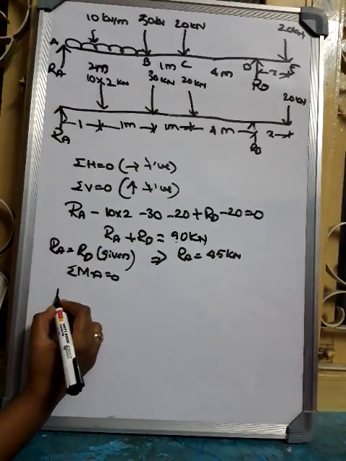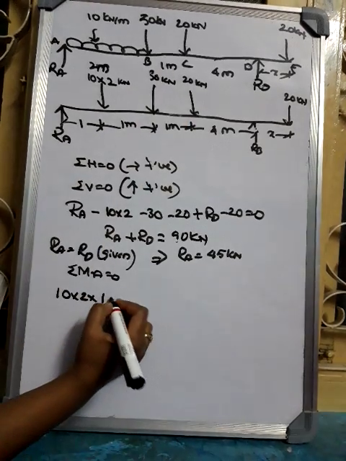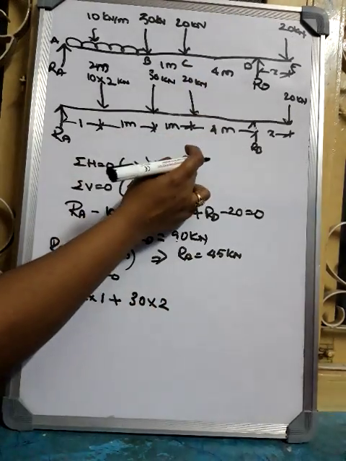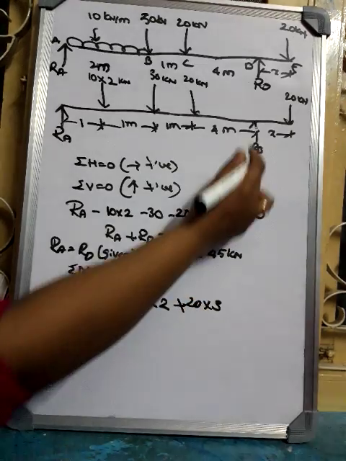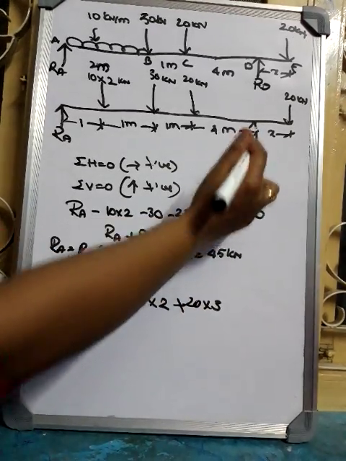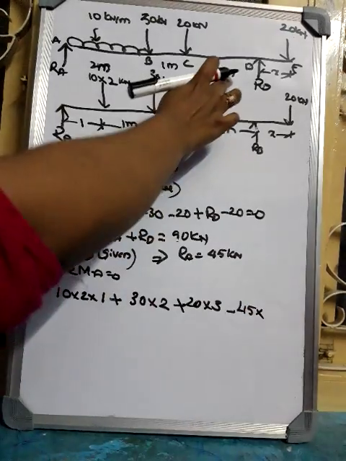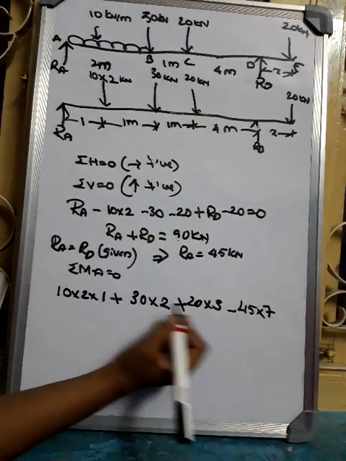Now let us write one by one. That is 10 into 2 into 1, plus 30 into 2, plus 20 into 3. Then RD is also equal to 45, into 4 plus 1 plus 2, that is 7.